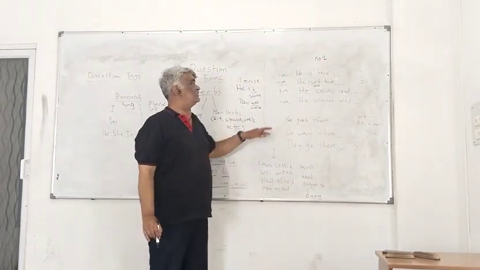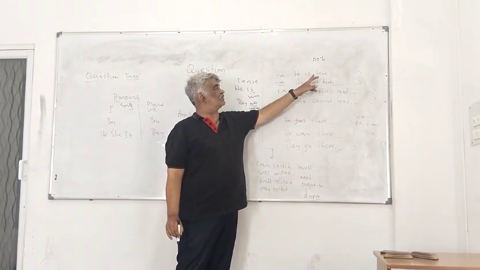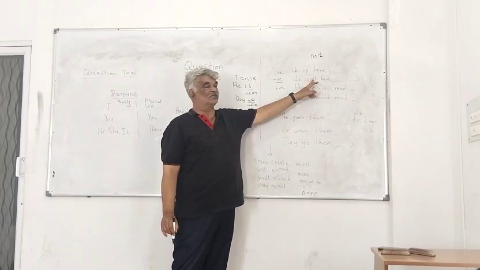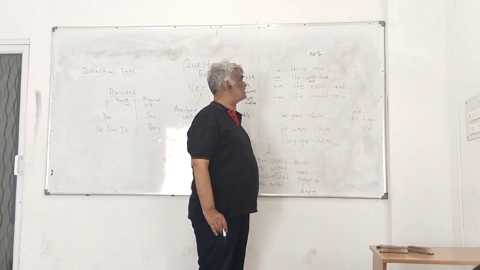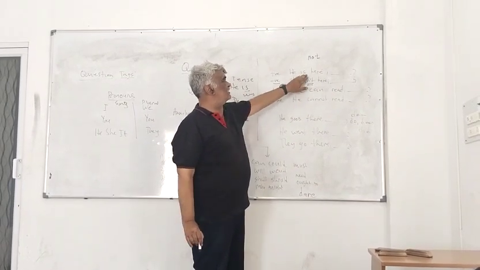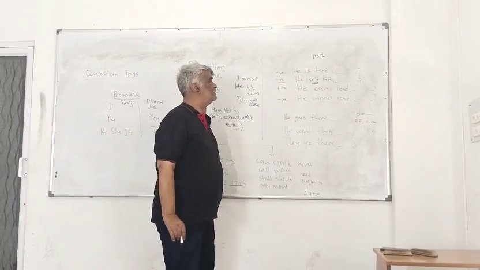For example, he isn't here. This is a negative sentence because of the word not, right? And a positive sentence doesn't have the word not, okay?